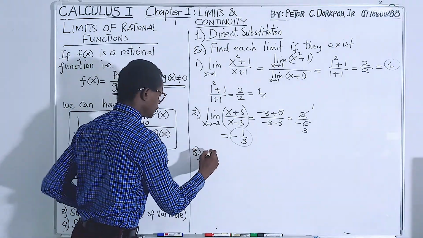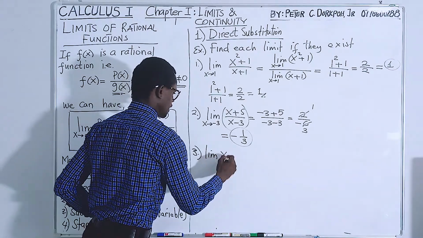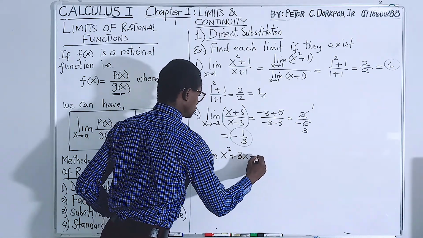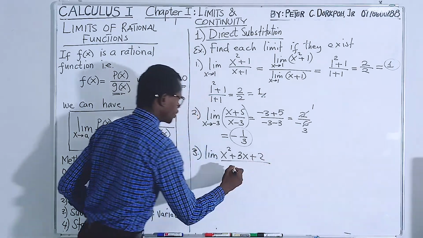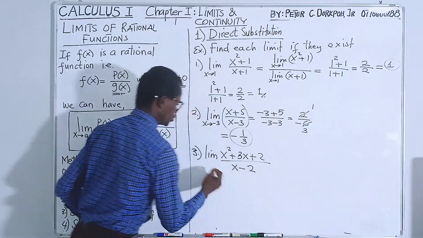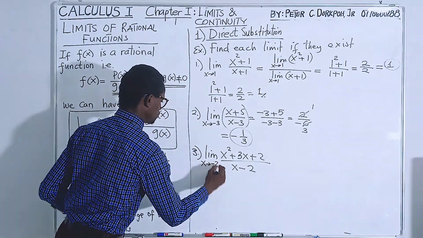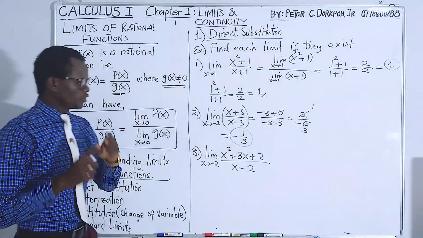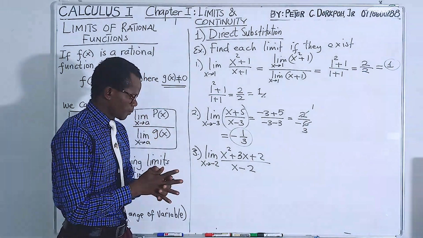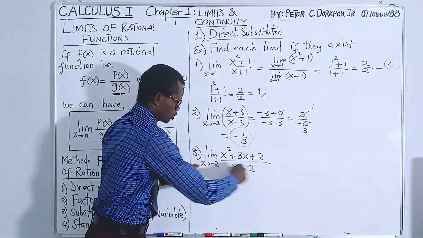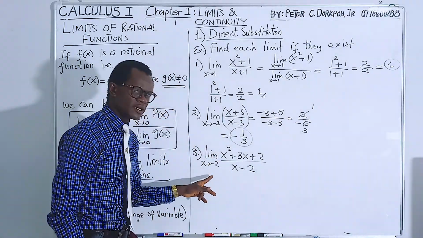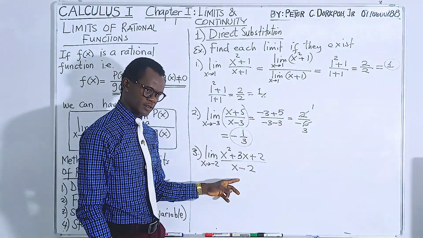So let's say you had the limit of x squared plus 3x plus 2 all over x minus 2 when x is approaching minus 2. The first thing you do whenever you see limits of rational functions is to test the limit within the denominator.